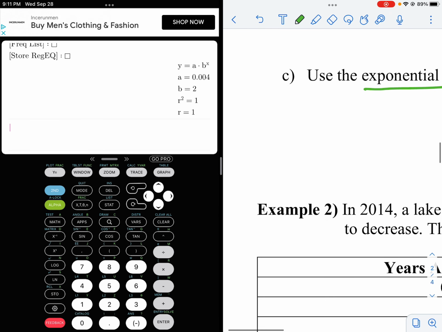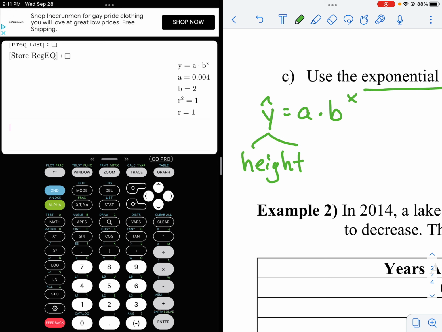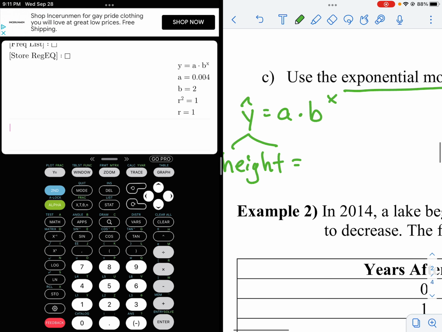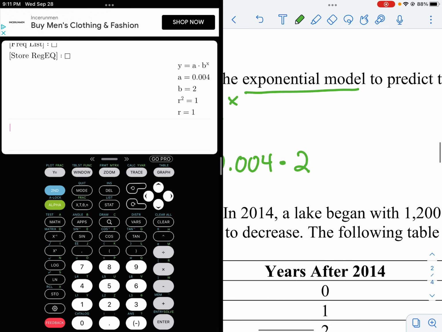So my exponential model, y hat equals a times b to the x, but my y hat is height. Remember, I went back to my original data. So it's not log of height. I went back to my original. Equals a, which is 0.004, times b, which is 2 to the x, which was number of folds.